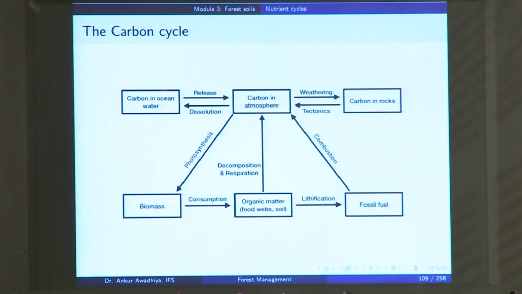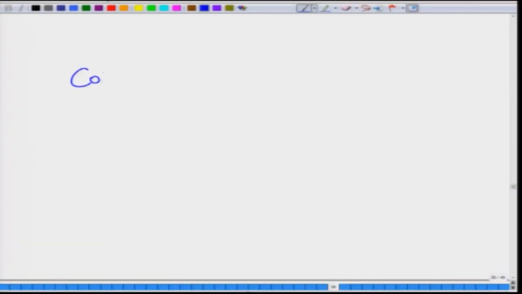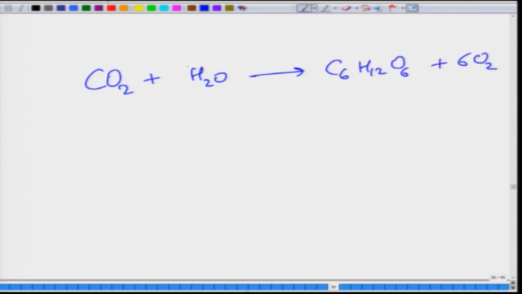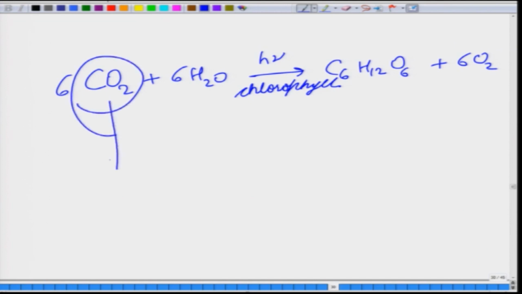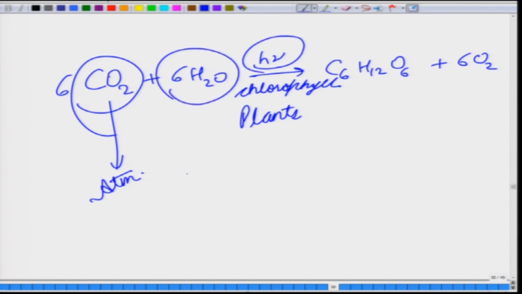Now, in the process of photosynthesis, this carbon dioxide which was in the atmosphere is taken up by the plants, and they are using light and also using water in the process, and this carbon is getting fixed in the form of sugars with the release of oxygen.